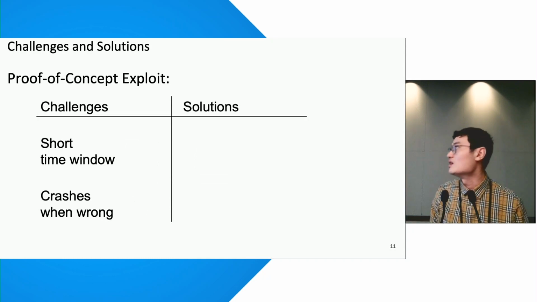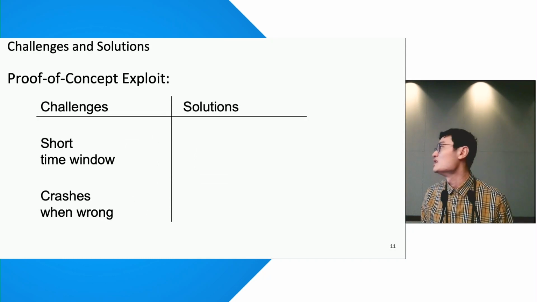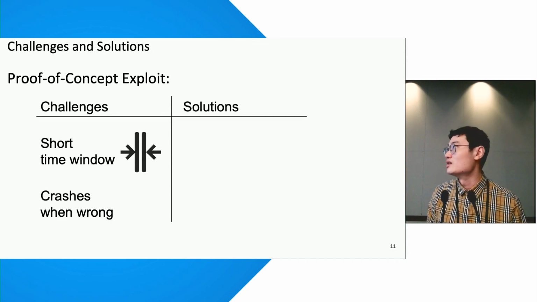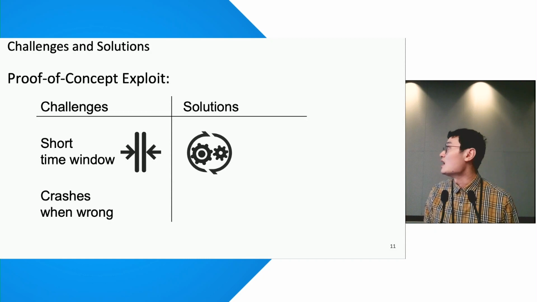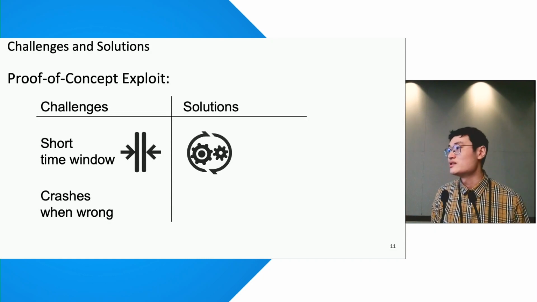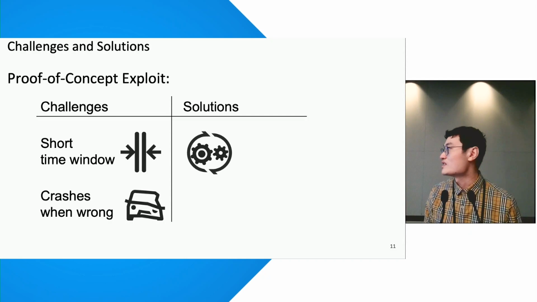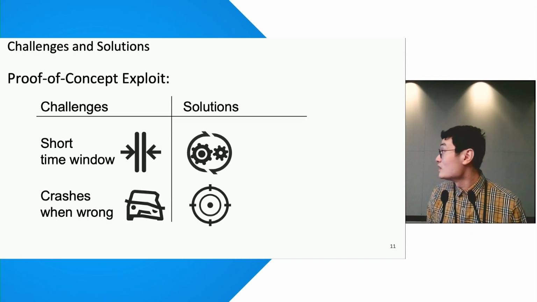Speaking of the proof of concept exploit, the first challenge is the short time window, which can be 2 instructions long. Our solution is to put victims and attackers in a loop with different iteration speeds. The other challenge is the crashes when we overwrite ROM.